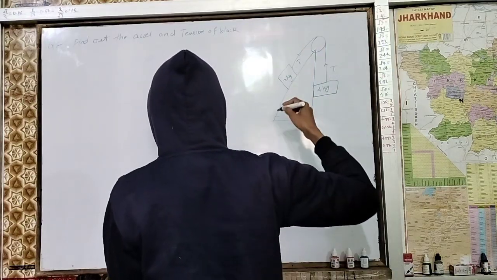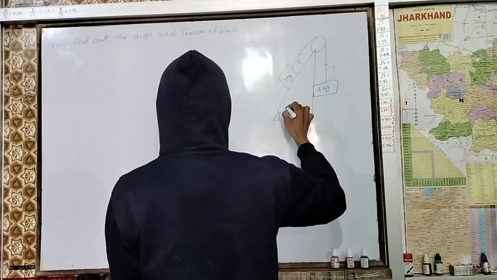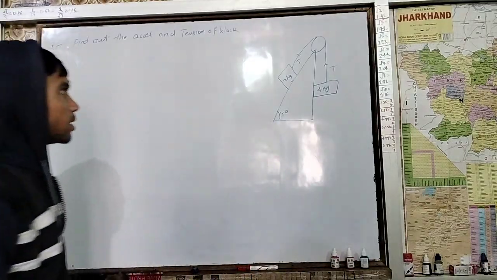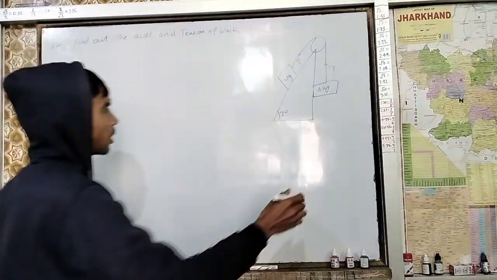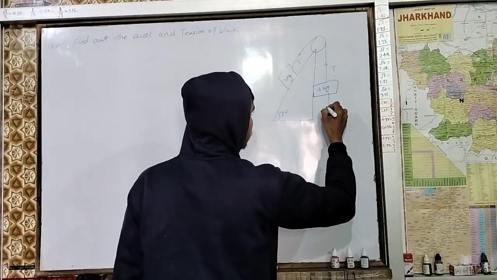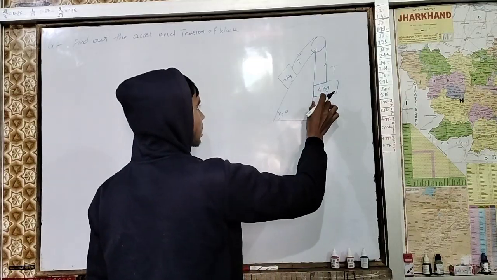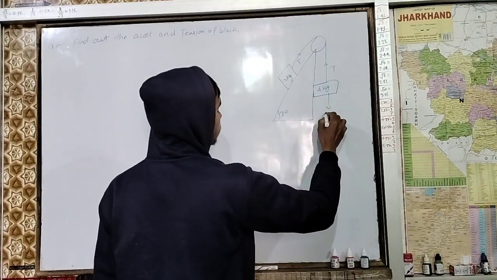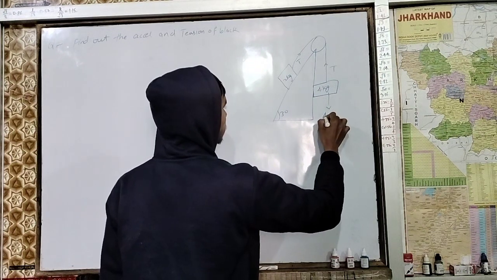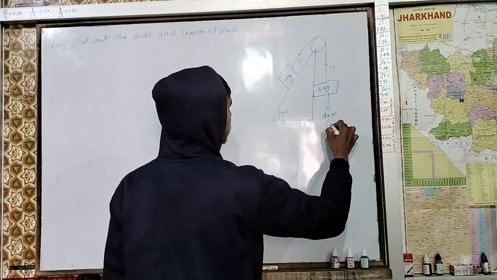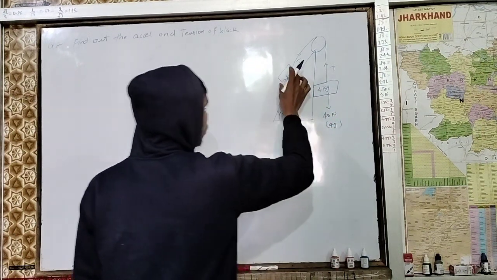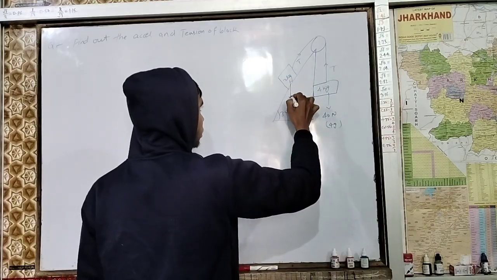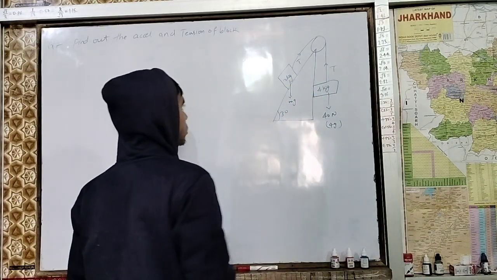A is over here. Angle is 30 degrees. Now see over here. We know mg for the 4 kg block will be how much? 4 multiplied by 10, 40 Newton, or 4z. For this, mg is over here.